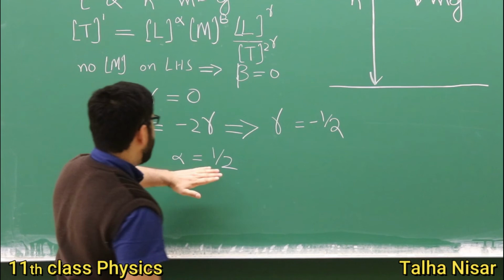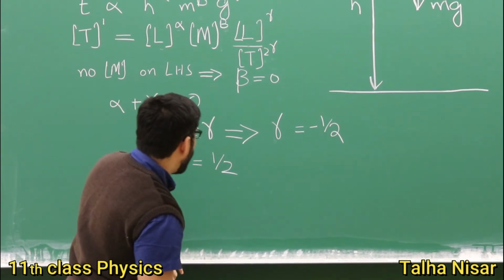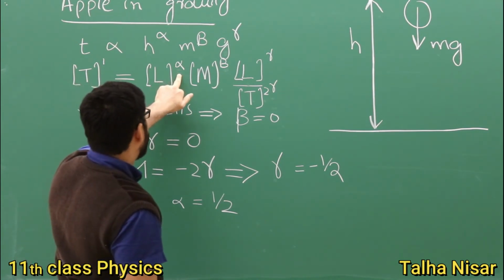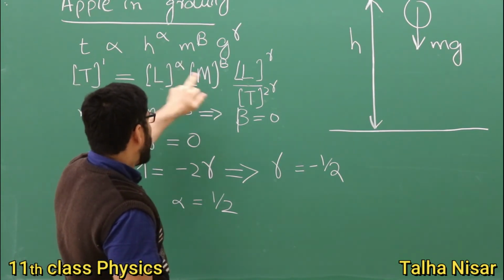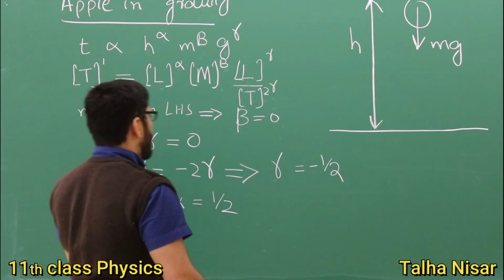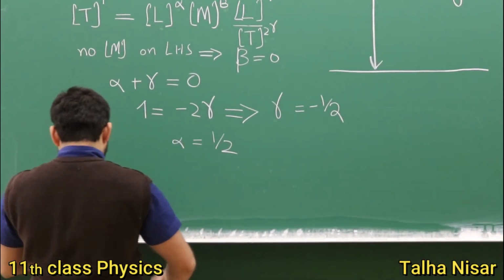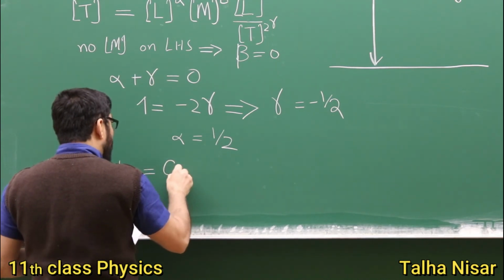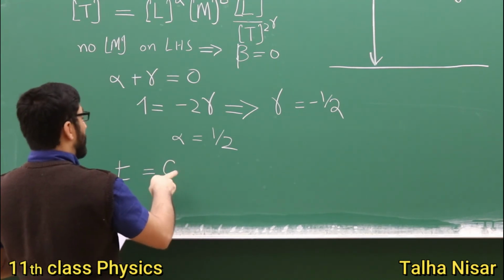If we insert these values in this equation here, we have the square root here, and then we have the 1 minus 2 here. So in the end, we will get that the time is equal to a constant. Right now, this constant we do not know.